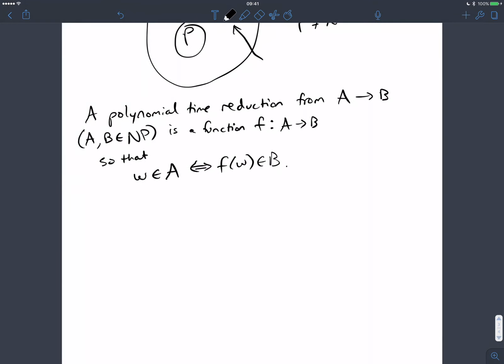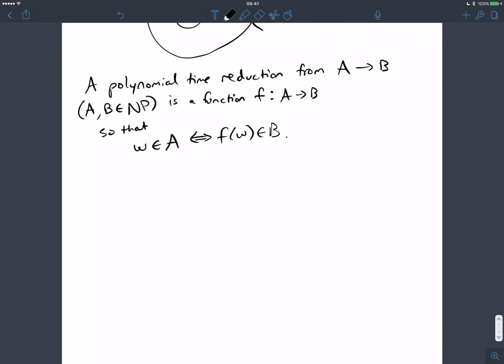The reductions that we're going to see are just Turing machines that take inputs, exactly the same as before. And we write this as A less than or equal to, with a subscript P, B. We call this A polynomial time reduces to B. Okay?